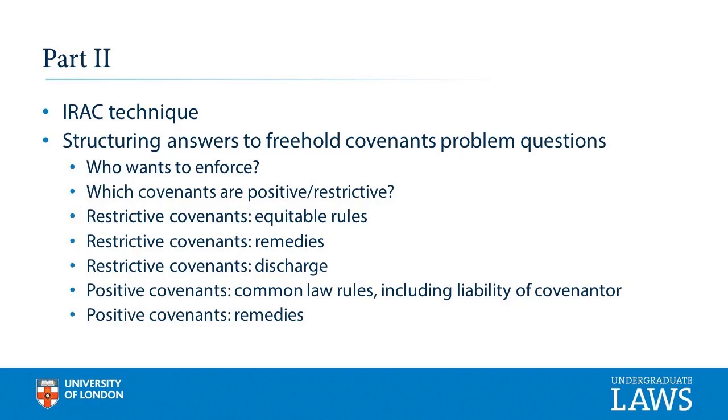So, for example, if you are arguing that the covenant has been annexed to the dominant tenement, you must say so, and you must identify the requirements for a valid annexation and demonstrate that those requirements are satisfied on the facts of the question.